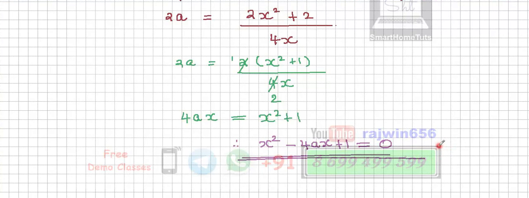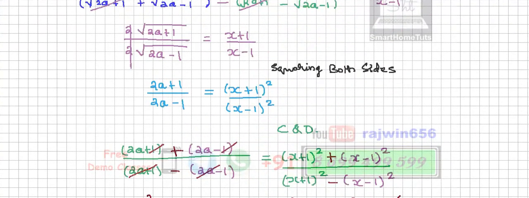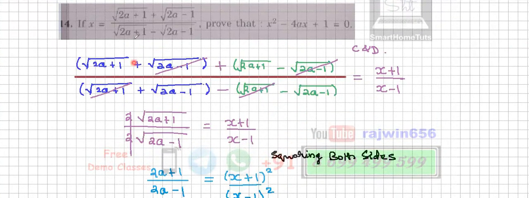I'll just go through all the steps, review all the steps quickly, what we have done. Because here plus and minus was there, the first step that we applied was componendo and dividendo. Same thing I did for this x, which is x upon 1, that is x plus 1 upon x minus 1. I cancel the like terms.